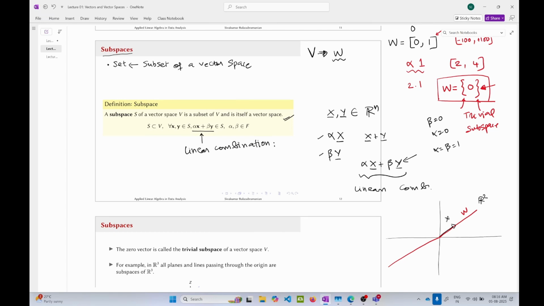That means if this is x, then alpha times x has to be along that line, because that's the geometric version of scalar multiplication. So a straight line passing through the origin is closed under vector scaling.